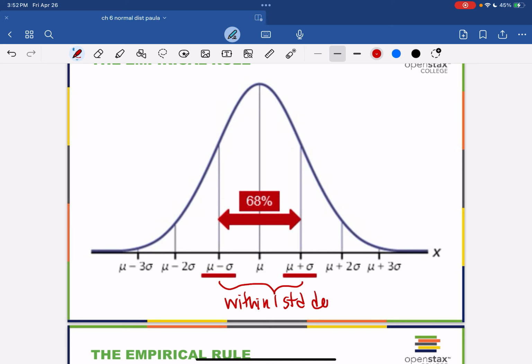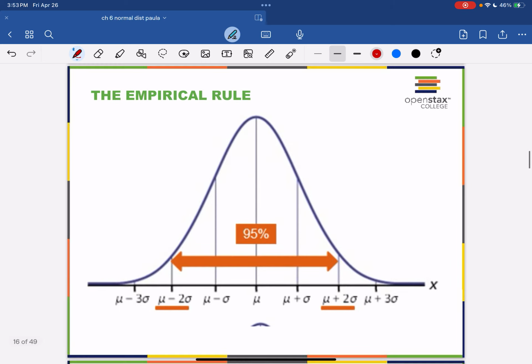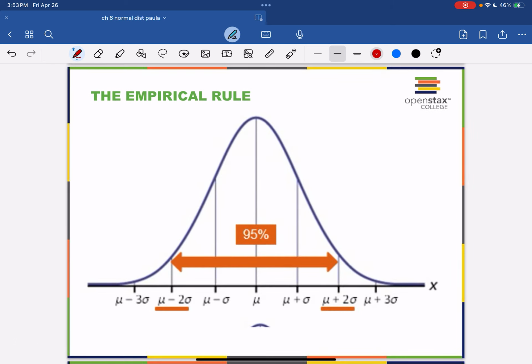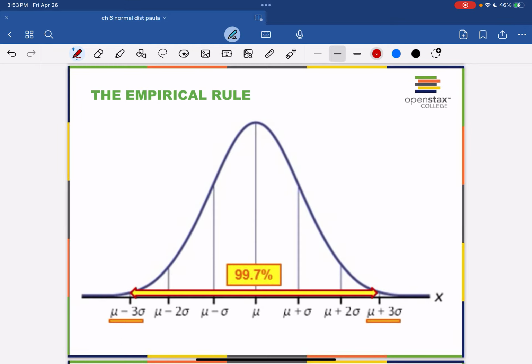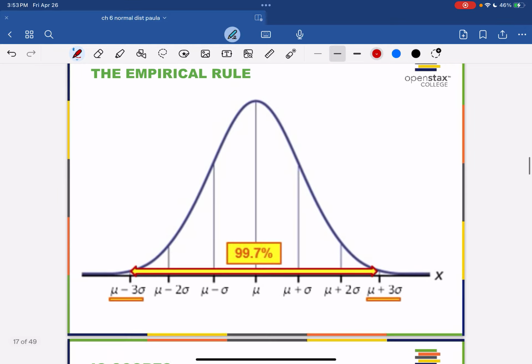And I abbreviate standard deviation like that, STD DEV, of the mu, of mean. 95% are within 2 standard deviations, 99.7% are within 3 standard deviations of the mean.